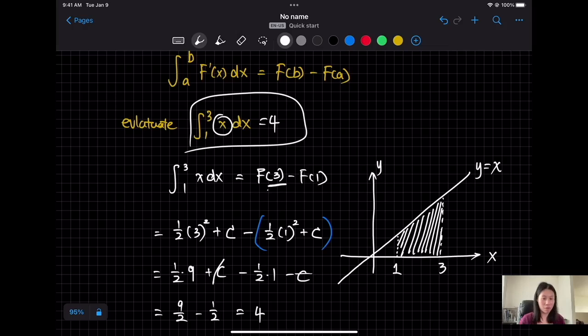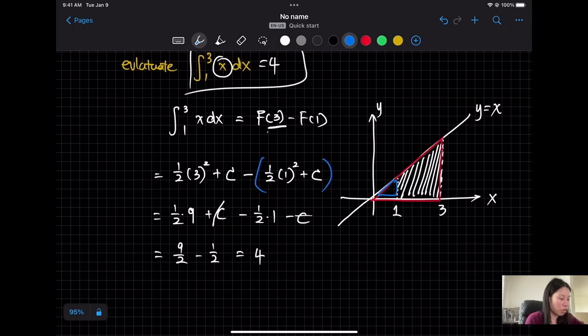So how do we find the area? If you take a look at this area, I can use a big triangle to subtract a small triangle so that I will get the area. The big triangle is equal to 1/2 times base times height.